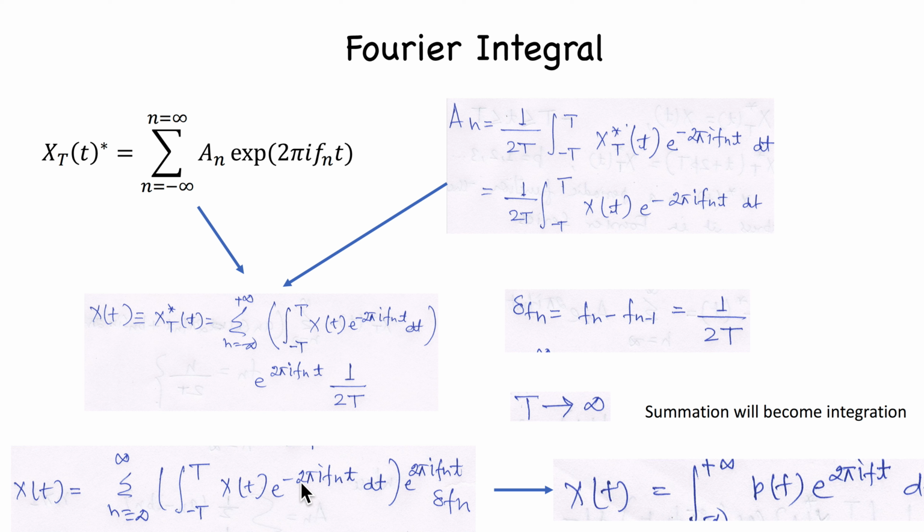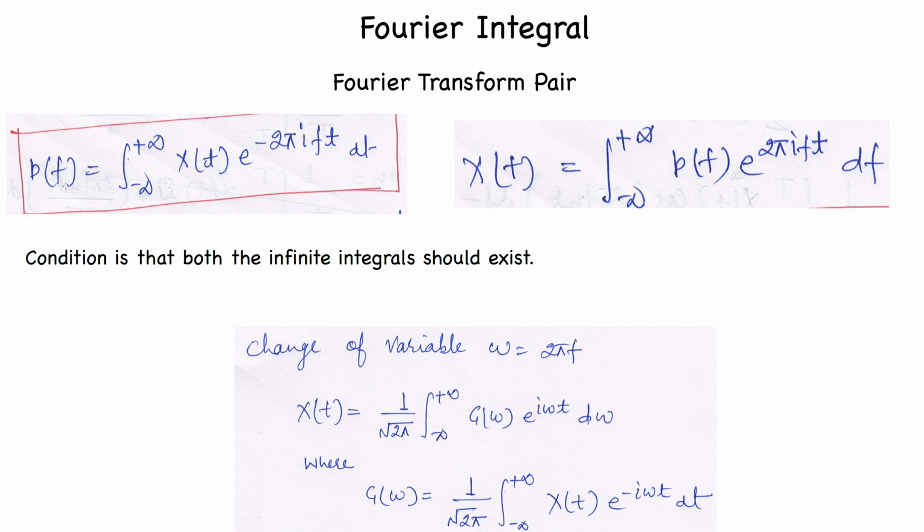This inside integration term is essentially X f, and the outside e to the power 2 pi fn t, delta fn will become df. So essentially it looks like this: x t can be written as the integration from minus infinity to infinity of X f e to the power 2 pi f t df, where X f is the integration between minus infinity to infinity of x t e to the power minus 2 pi f t dt. So essentially they are forming the transform pair.